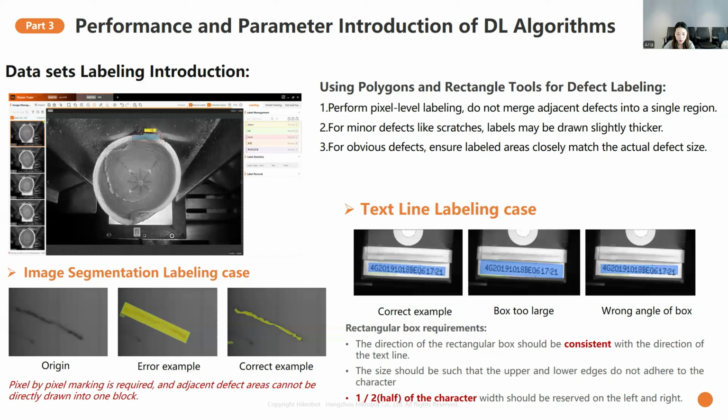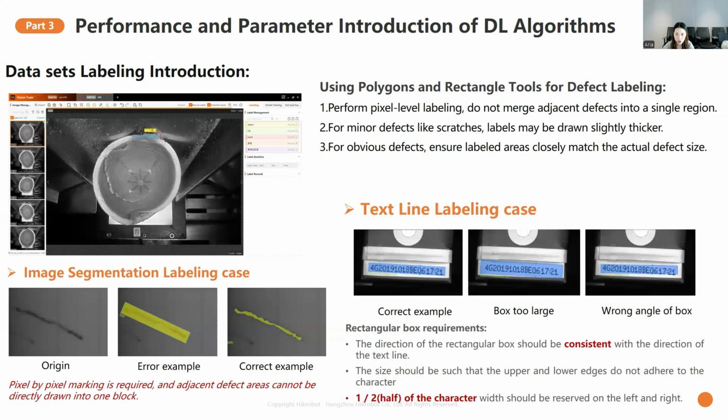And the last requirement: when we draw the OCR text line detection region, we need to reserve a little space at the left and right sides. The reserved space should be half a character, like that correct example.